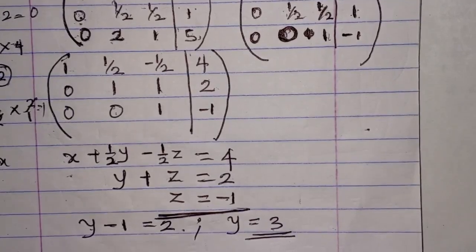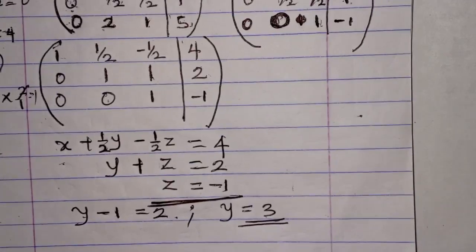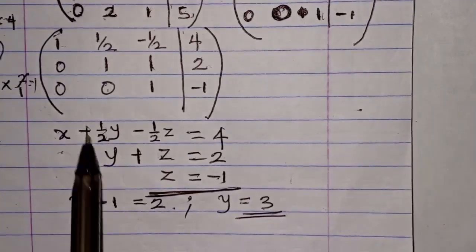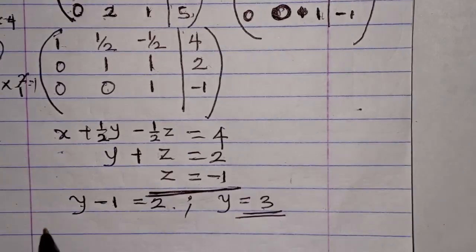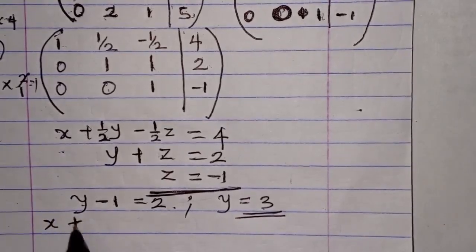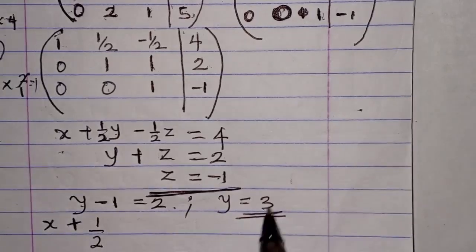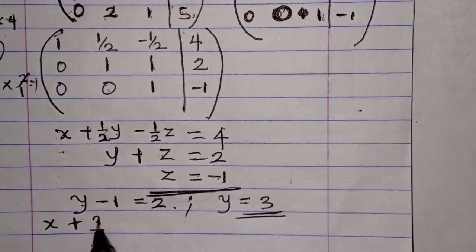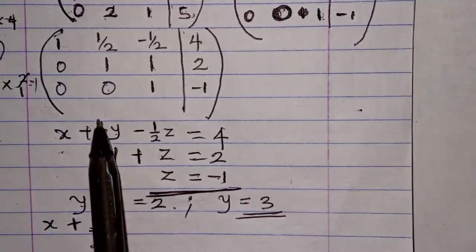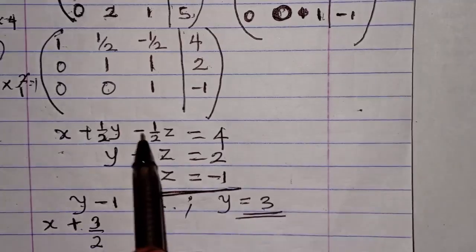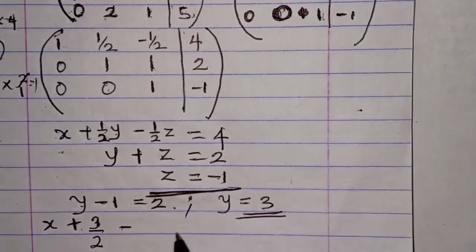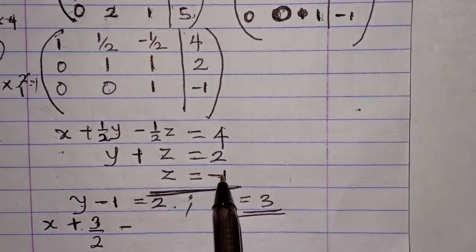What we'll do now to get x is to plug in the values of y and z into the first equation. We are having x plus half into y, where y is 3. That will be 3 over 2. You get it? 1 over 2 times 3 is 3 over 2. Minus z is minus 1.